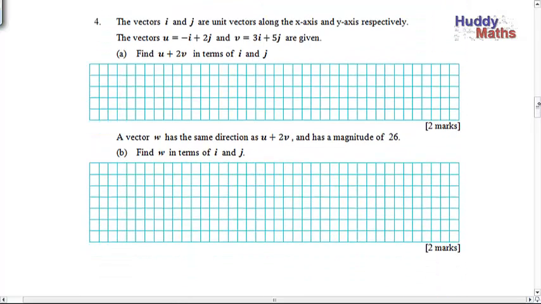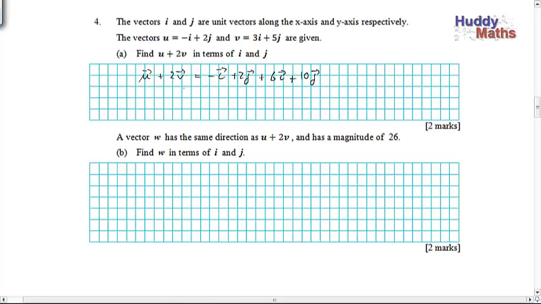Vectors i and j are unit vectors along the x-axis and y-axis. We know that. Vectors u equals -i plus 2j and v are given. Find u plus 2v. So u plus 2v is equal to -i plus 2j, and plus 2 lots of v would be 6i plus 10j.